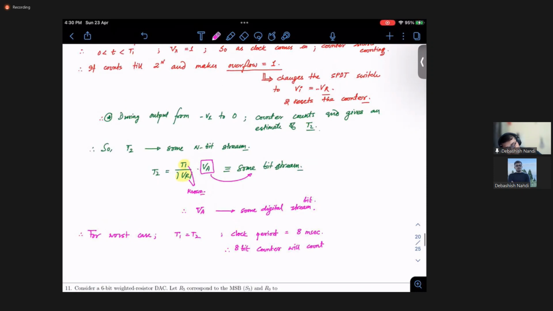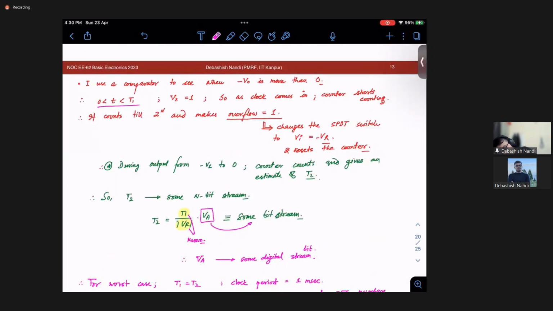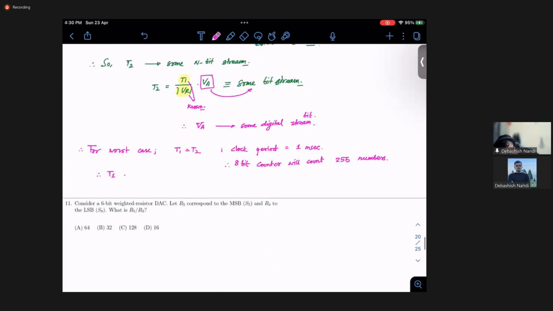Clock period was 1 millisecond, right? Not 8 milliseconds. An 8-bit counter will count 256 numbers. So what will be my T1? From 0 to T1, the counter counts 2 to the power n. So T1 would be nothing but 1 millisecond into 256. That is 256 millisecond.